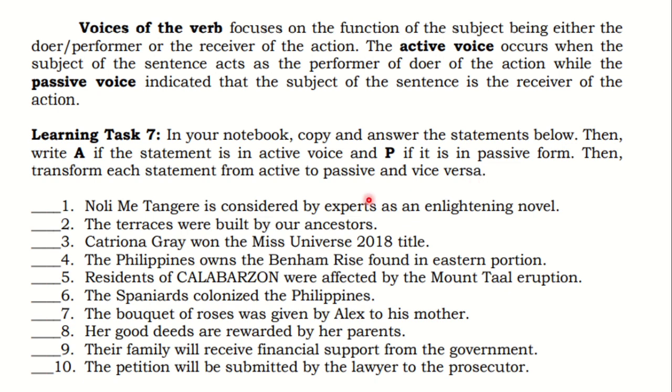Okay, for example, Noli Me Tangere is considered by experts as an enlightening novel. Since the doer of the action are the experts, but it is not the subject in the sentence, this is a passive voice, or it is in passive form. Noli Me Tangere is the subject, it is the receiver of the action, being considered an enlightening novel. So, ma'am, how would you transform it from passive to active?